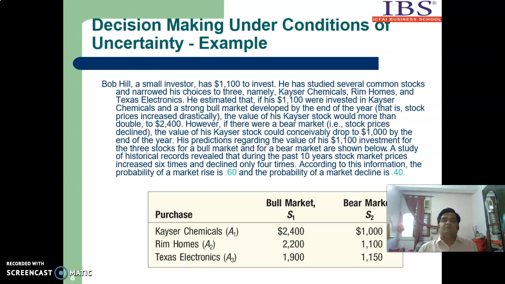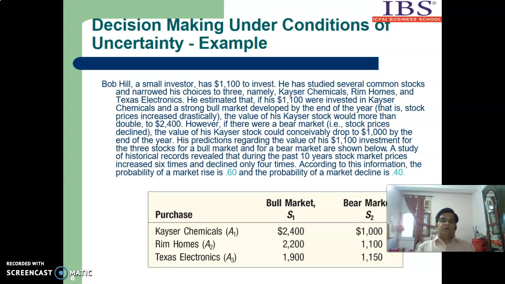Now this is a stock market example. If you see, the grid is a payoff table. First of all, we need to understand this is a payoff table where there are three acts. The acts are A1, A2, A3, which you can see in the vertical column.